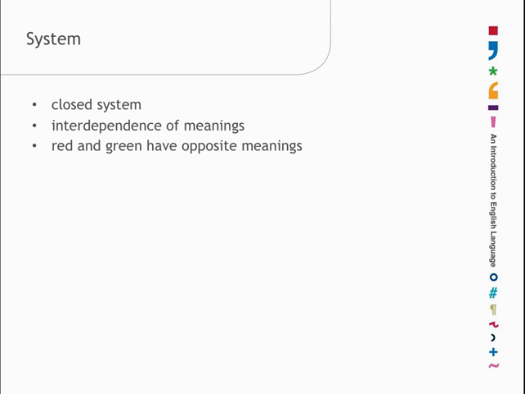What we'll find is that although traffic lights are incredibly simple in some ways, they do have things to tell us about human languages. Human languages have some of the same characteristics. They are also code-like. They also have symbols, and those symbols frequently are also contained in closed systems where everything is dependent on everything else, as an early linguist once said.